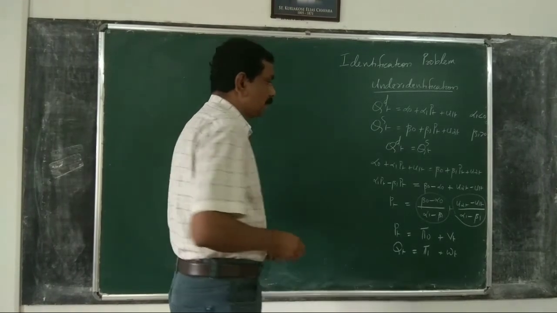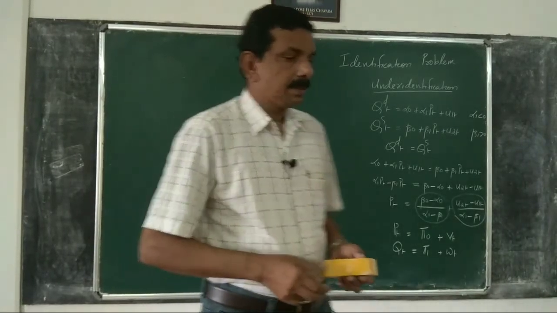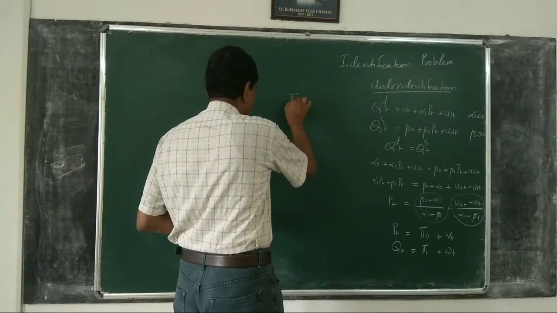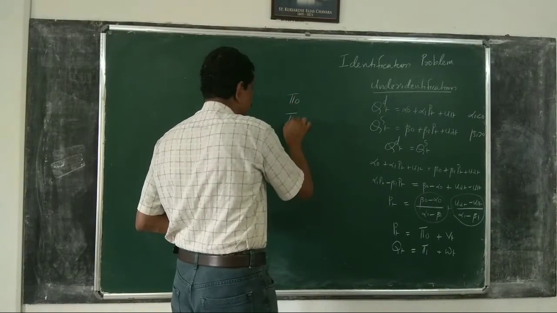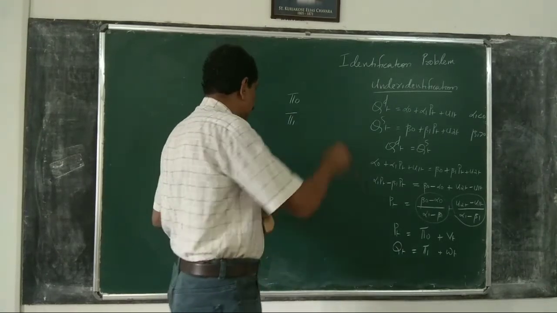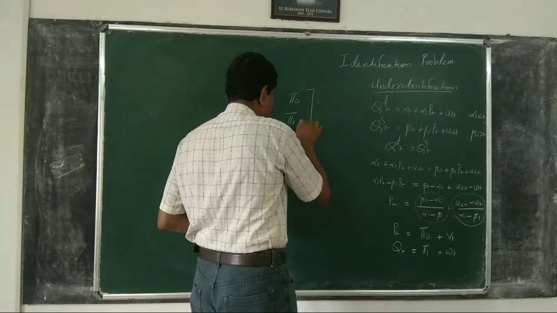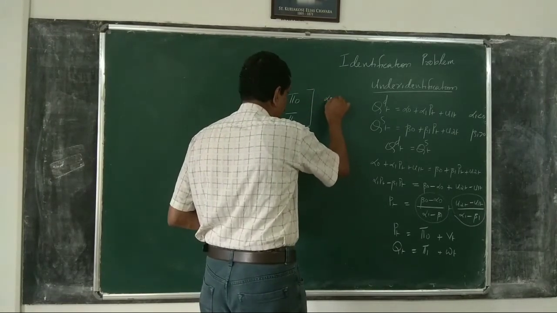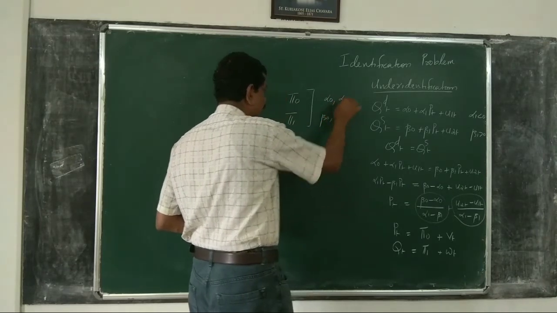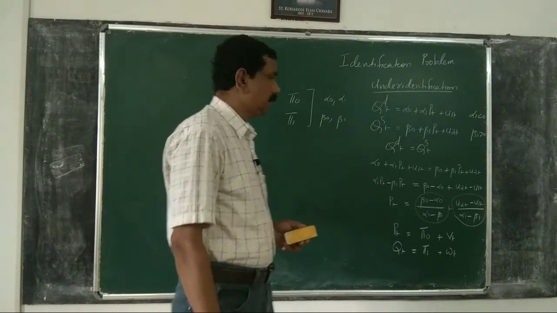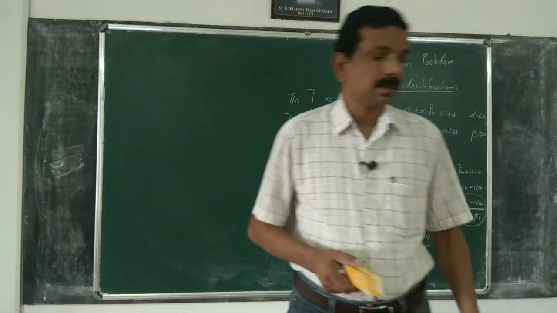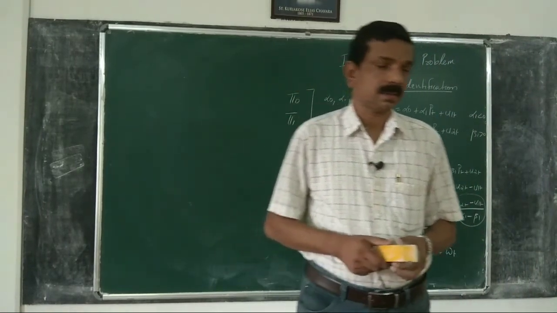And in the reduced form equations, you have two reduced form coefficients, pi 0 and pi 1. And in these two reduced form equations, we have four structural parameters, beta 0, beta 1, alpha 0, alpha 1. So we have four structural parameters in two reduced form equations.